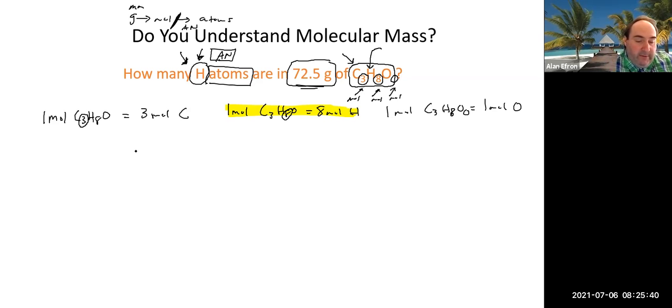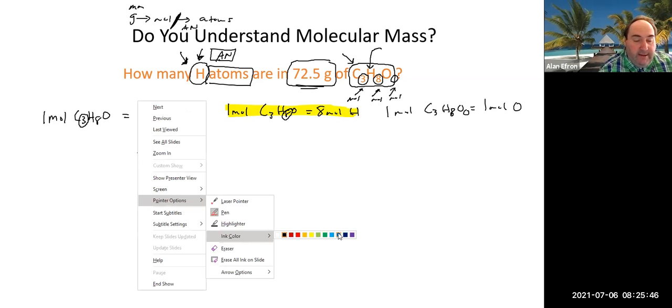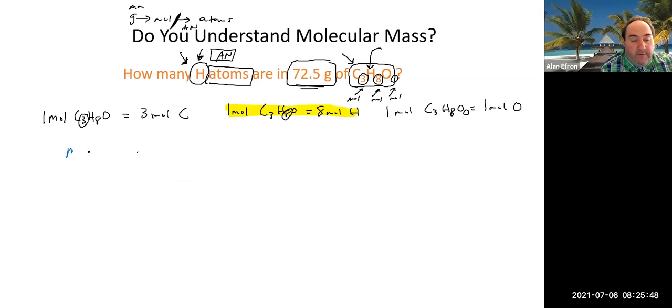So that would be really the first thing that we'd want to calculate, the molar mass of the whole thing. And if we do that, the molar mass of our C3, so that would be 3 times 12.01 for our carbons. We have 8 hydrogens, each at 1.008 grams per mole. Again, this is coming from the periodic table, plus 1 times the 16 grams per mole for our oxygen.